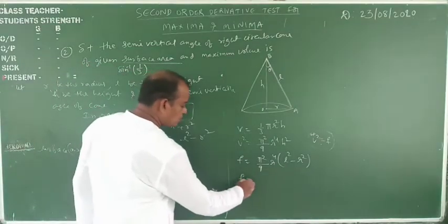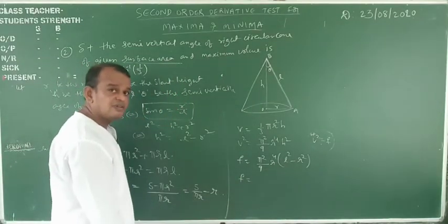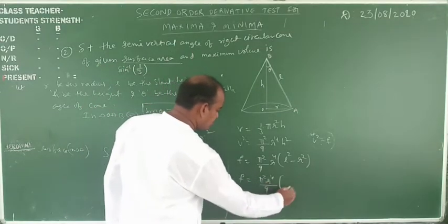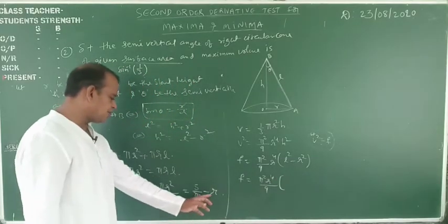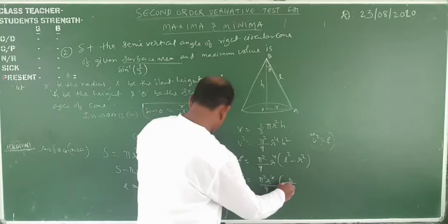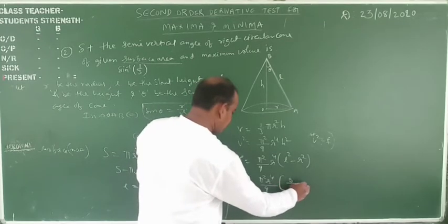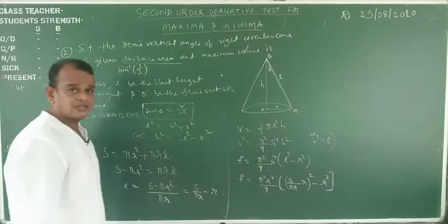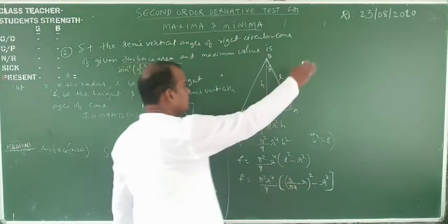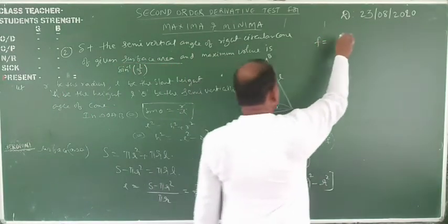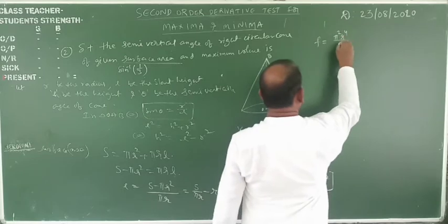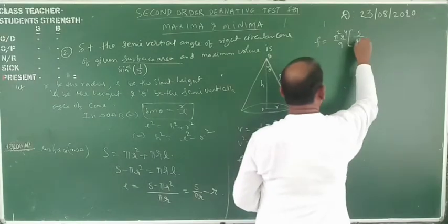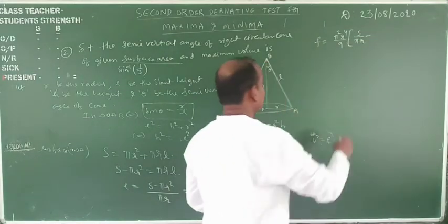Now don't make mistakes, very seriously. F is equal to pi square R power 4 by 9 into L square. What is the L value? S by pi R minus R. So it is S by pi R minus R whole square minus R square. Now the calculation part is going on. F is equal to pi square R power 4 by 9 into S by pi R minus R whole square.